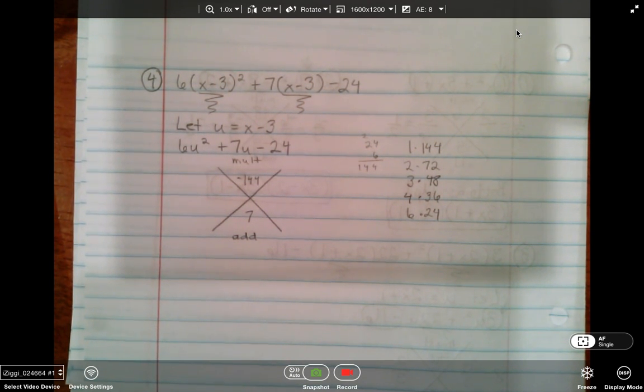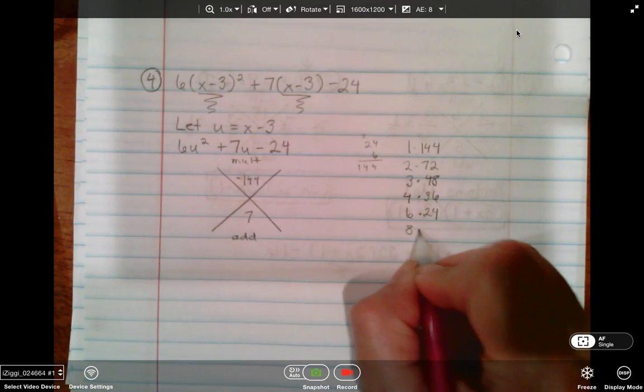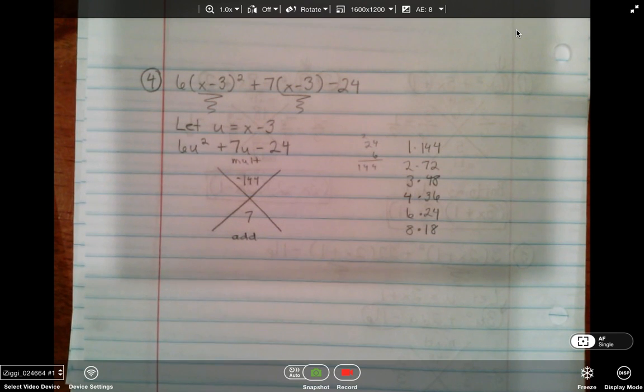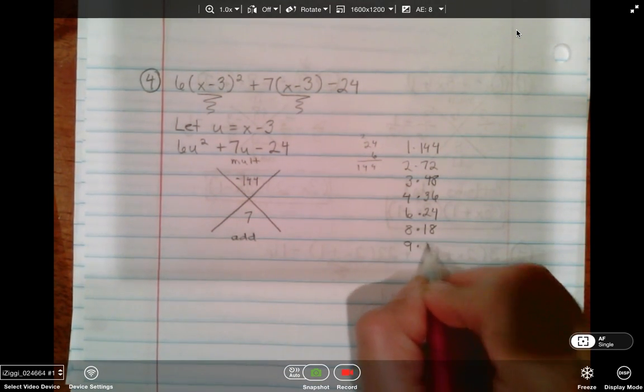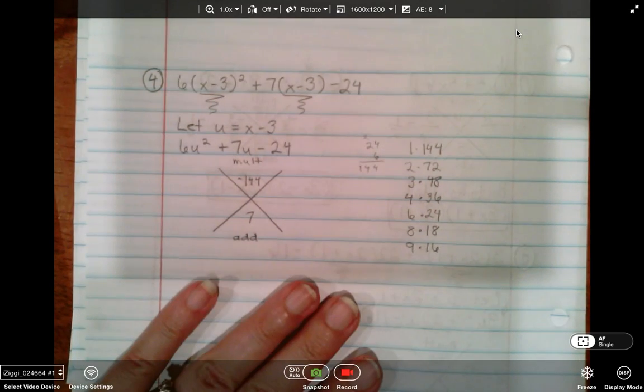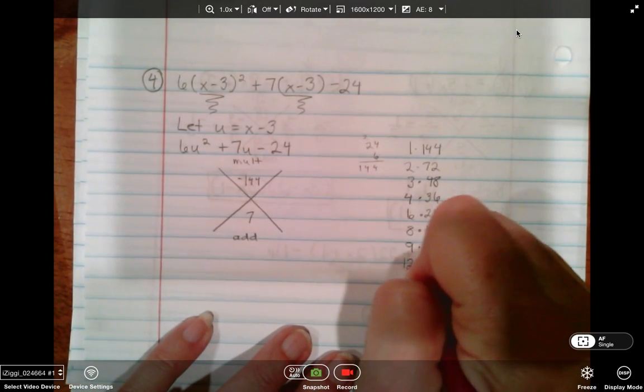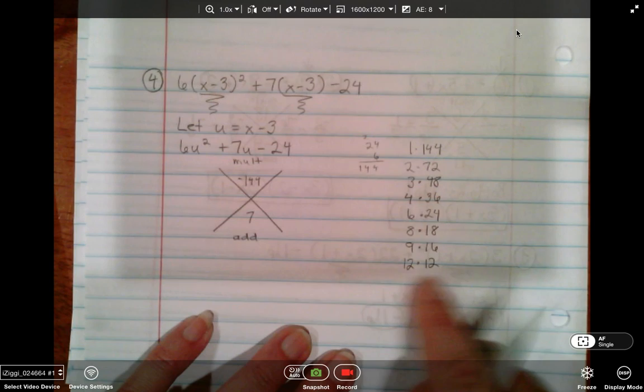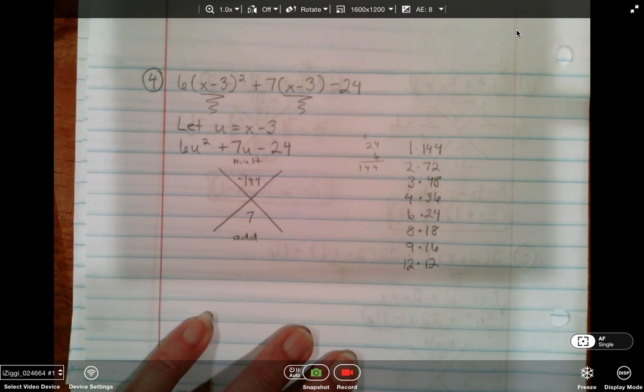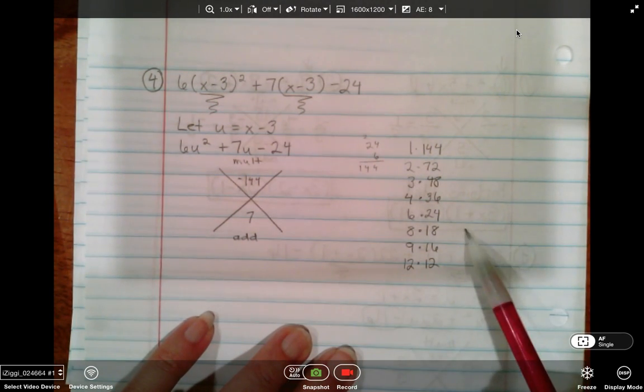I think it's divisible by 8. 144 divided by 8 is 18, so 8 and 18. 144 is divisible by 9. 9 and 16, those are the numbers, but not by 10, not by 11, and then notice how we've reached the middle, and we would go backwards. So those are all the factors of 144.